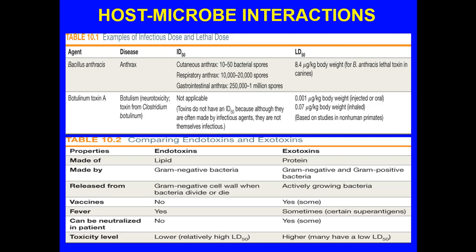You only need 10 to 50 bacterial spores, and you get that. That's cutaneous anthrax, but gastrointestinal, you need a much higher amount, in part because some of the means in which the spores are passing through the digestive system will be eliminated by things like the acidity of the stomach, some of the reactive enzymes, etc.